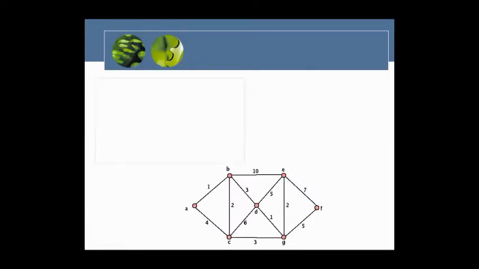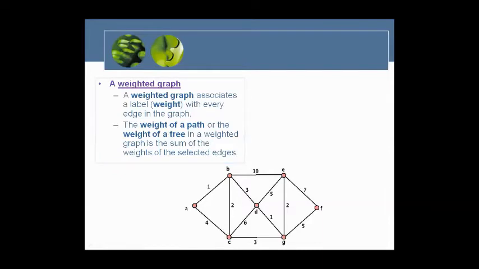So you will see here, guys, another graph wherein it is connected with each other. A weighted graph associates a label or weight with every edge in the graph. So like this one, A to B, the weight is 1. B to E, the weight is 10.